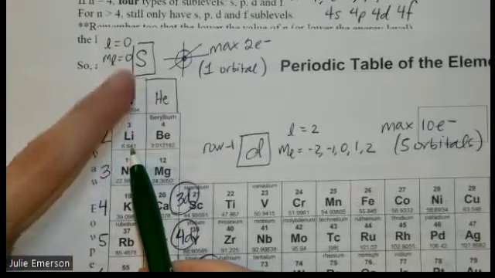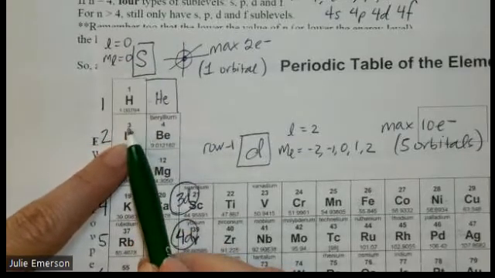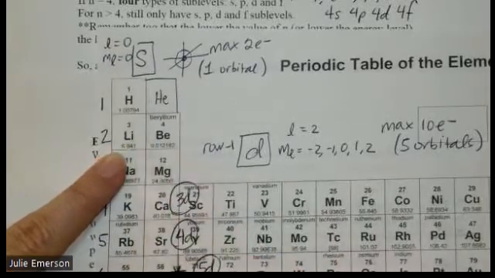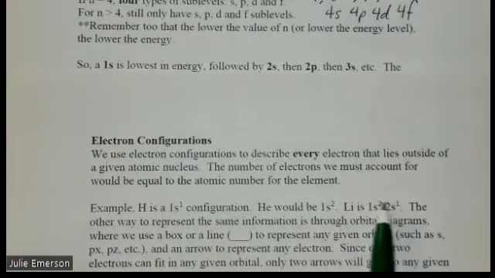Lithium is now 2s1, first spot. So lithium has 3 electrons, 1s2, 2s1. When I look at the superscripts, the number of electrons, 2 plus 1, that's my atomic number for lithium. That's 3.